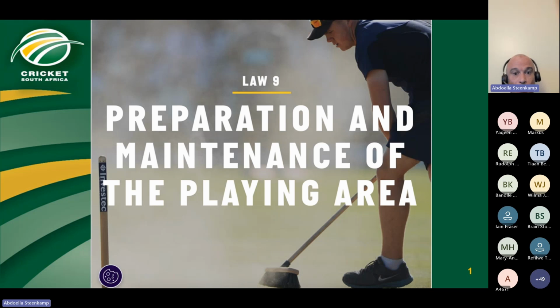But once the game has started, once the toss takes place, at 9:30 on the morning of day 1 with a 10 o'clock start, the law guides us for the rest of day 1, day 2, day 3, day 4, and day 5 on how we are going to prepare and maintain the playing area.